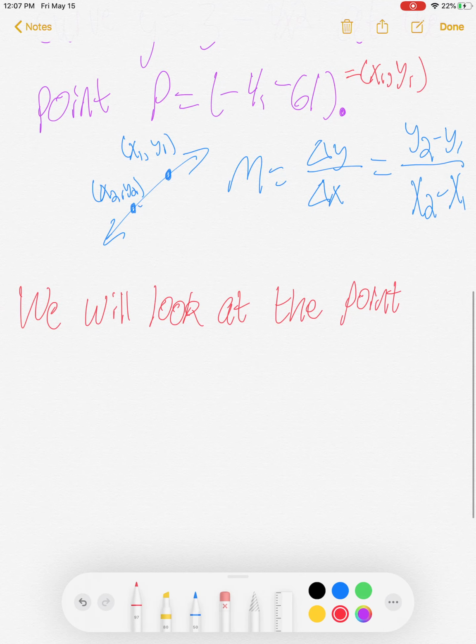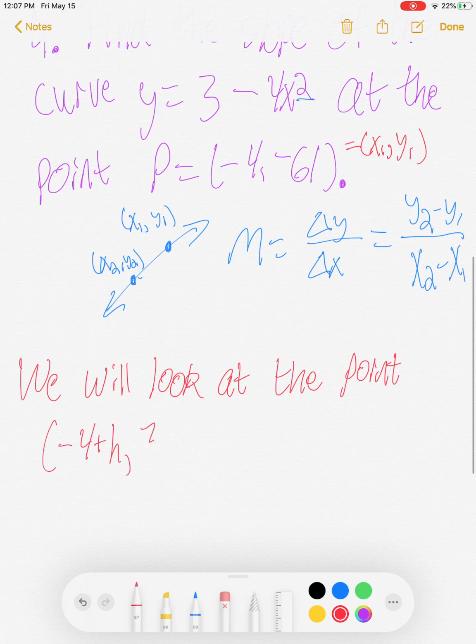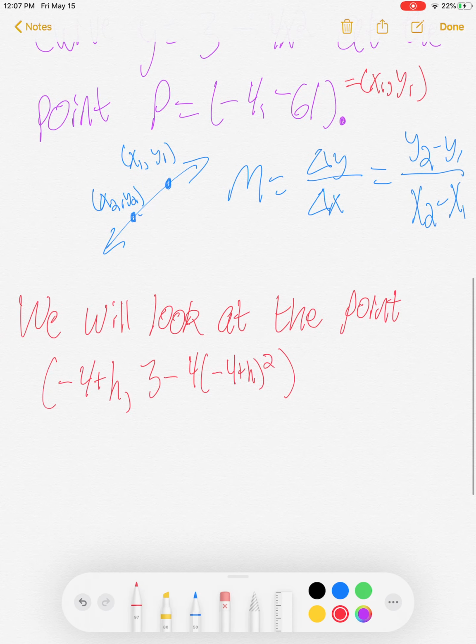And so we're going to look at the point -4 plus h, and then we're going to plug it into our function. So this would be 3 minus 4, and then x is -4 plus h squared. Okay, and if we want, we can think of this as x2, y2.